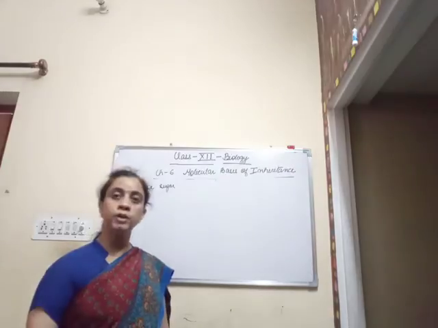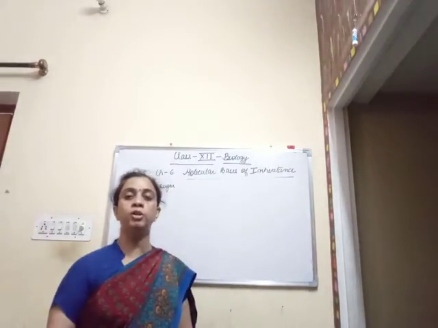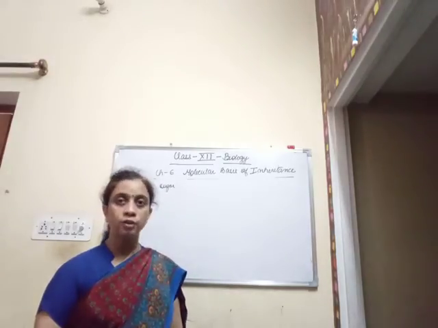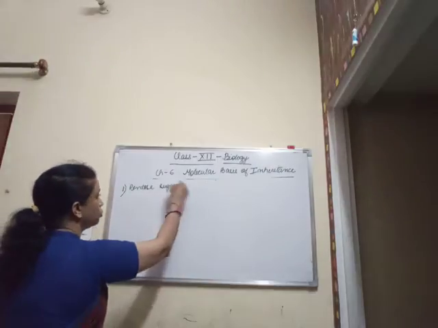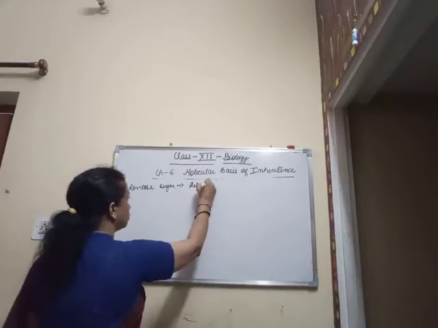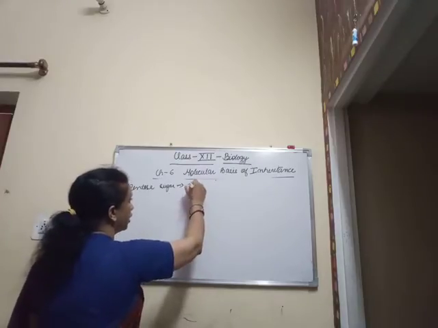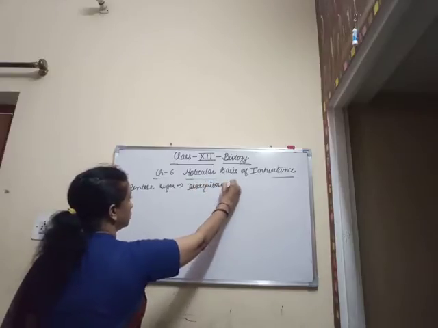The phosphate group and the pentose sugar together form the backbone of the polynucleotide chain, and the nitrogenous bases project towards the center of the DNA molecule. The pentose sugar used here is ribose sugar, and in the case of DNA, it is deoxyribose sugar.